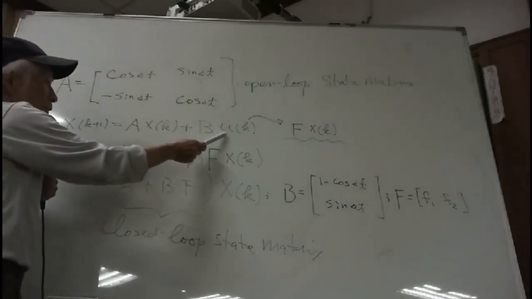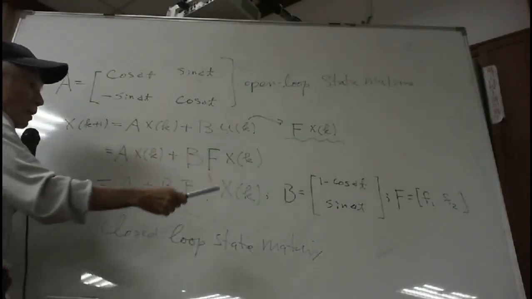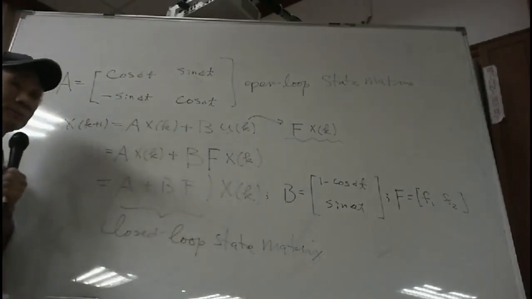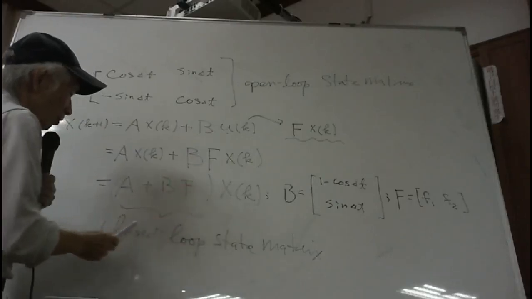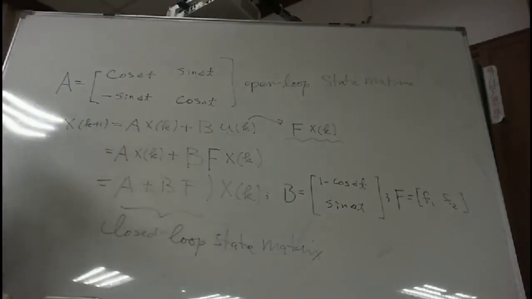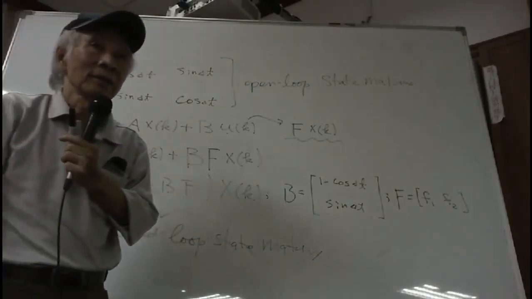Because I already replaced U with my Fx. So this becomes my closed loop state matrix. Any problem? No? Okay. That's clear enough, right?